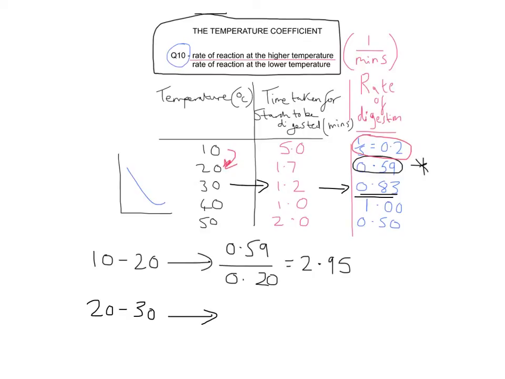That's the rate of the reaction at that higher temperature, so 0.83, divided by the rate of reaction at the lower temperature, which is at 20, so that would be 0.59. And that number would come out as 1.41.